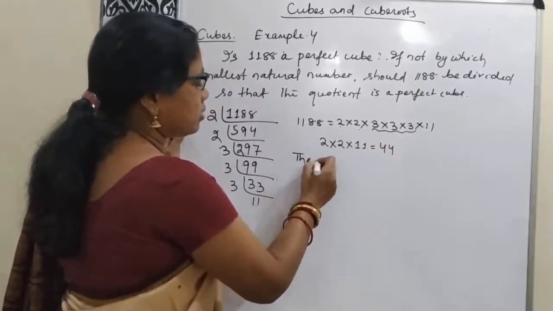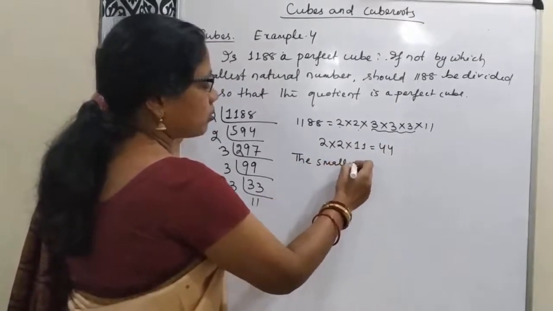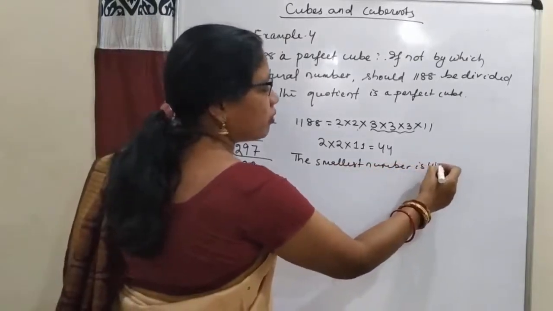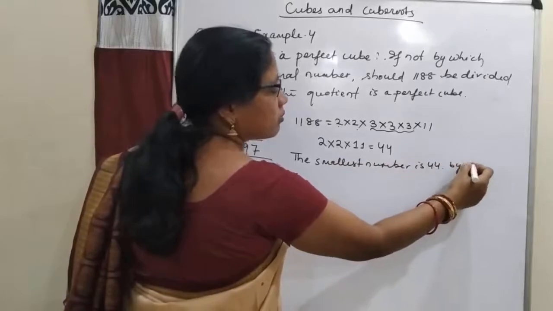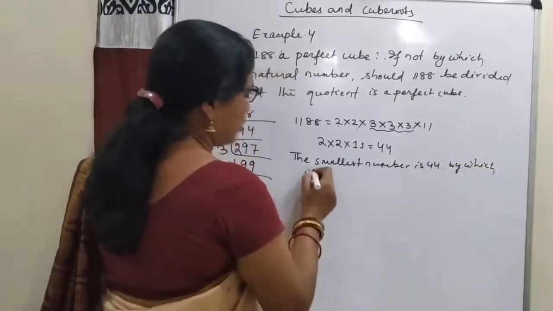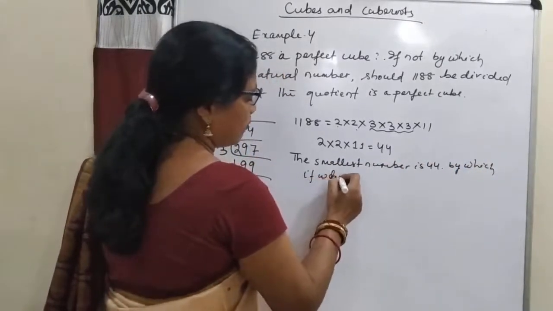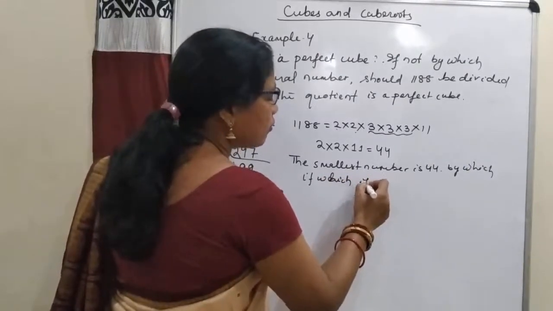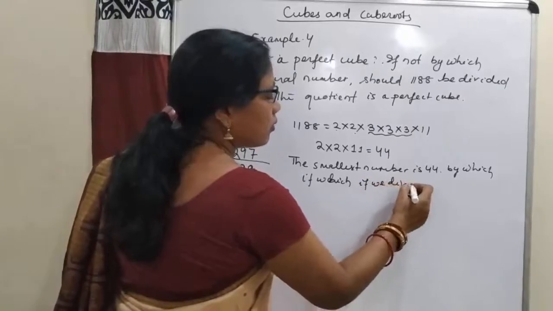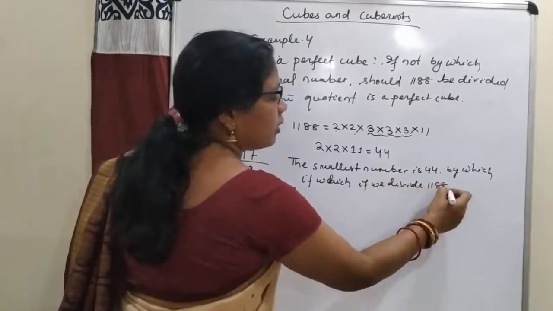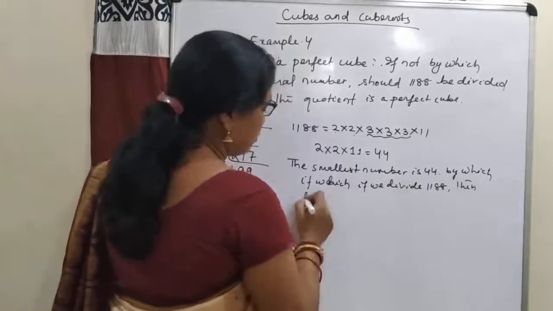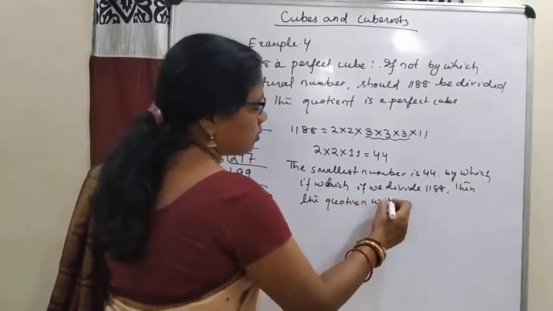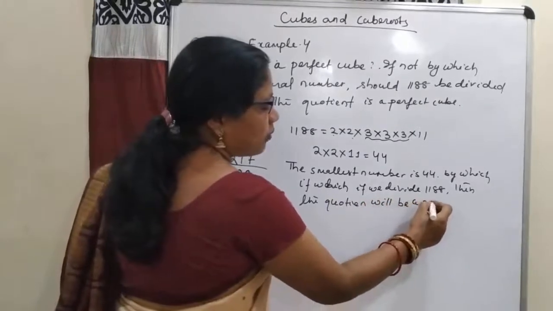So the smallest number is 44, by which if we divide 1188, then the quotient will be a perfect cube.